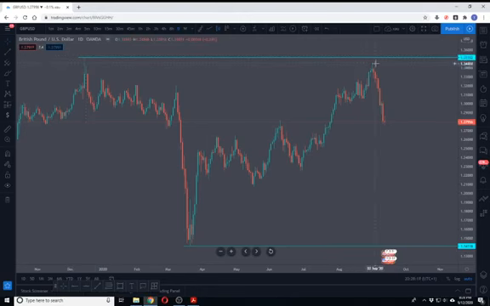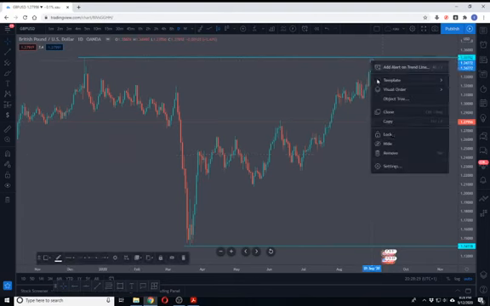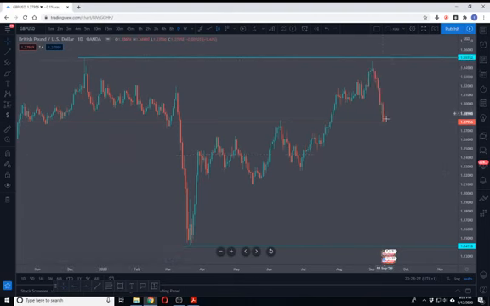As you can see, as the price approached there, it did not take out the high, and it reacted off some point of interest, which again we will go over in a later video, and it went bearish. It reacted really quickly.